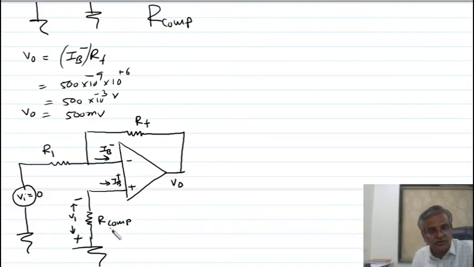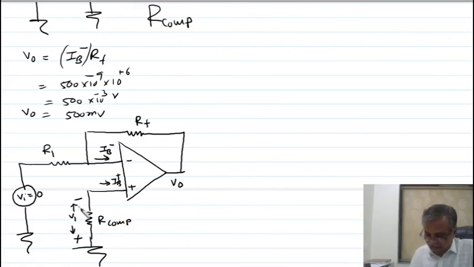You introduce the R compensated resistor between the non-inverting terminal and ground to reduce this error. So I have to find the value of R compensated, how much it should be, to reduce the effect of the DC input bias current.